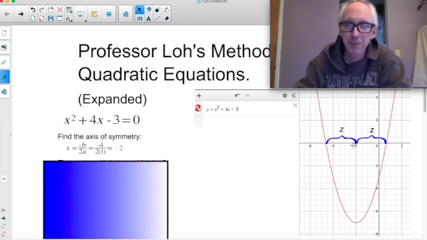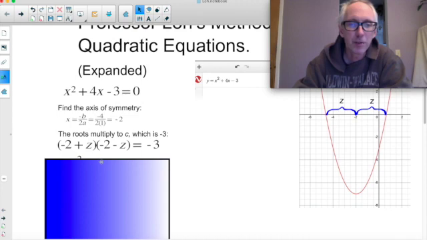So the axis of symmetry will be x equals negative 2. So this line right here, and notice the vertex will be on the axis of symmetry, is right in the middle of where the two zeros are, or the two roots. So we have a distance z to the right and a distance z to the left of x equals negative 2.